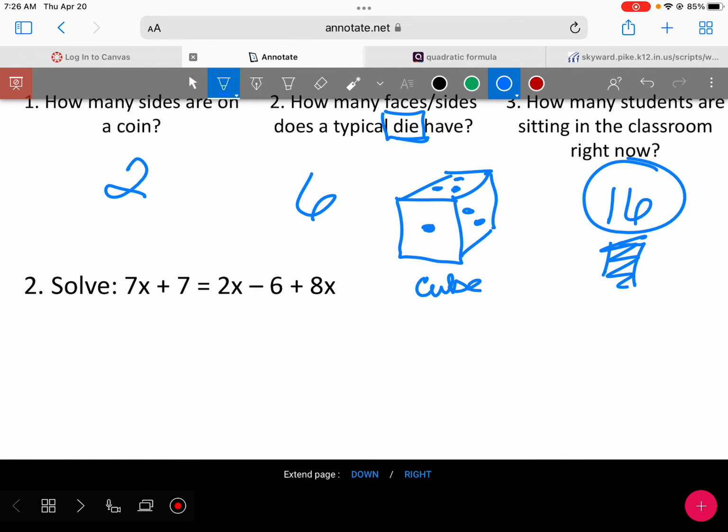All right, number 2 says solve. Anybody want to offer up their answer for number 2? Did anybody do it? Yeah, Raul, what'd you get? X equals 4.3. Anybody else get another answer?